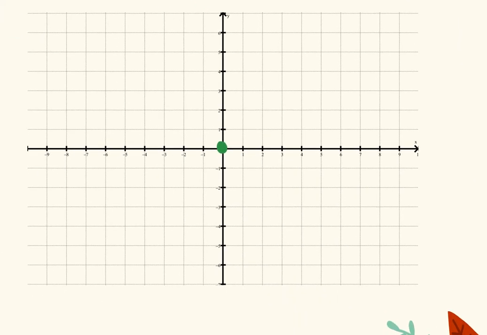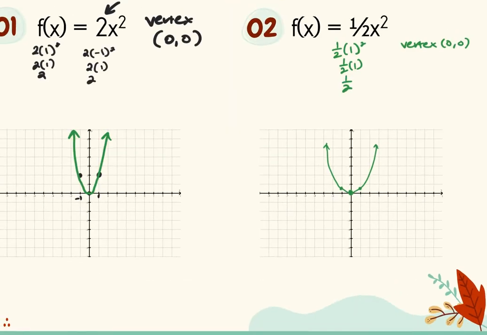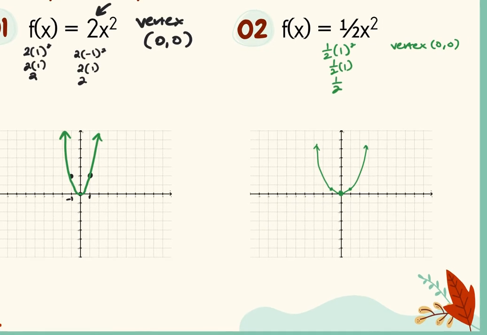So this time it's going to be vertically compressed, which makes sense because that's what it should be. And I went up 1/2 and to the right, so I'm going to go up 1/2 and to the left. So you need 3 points for these parabolas, 1 to the right of your vertex and 1 to the left.